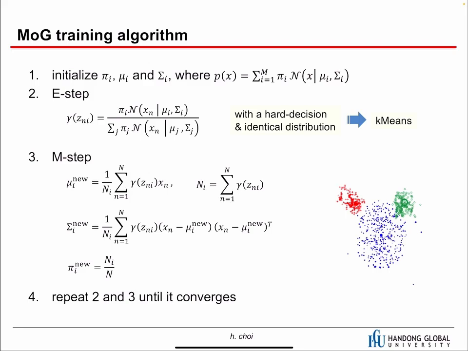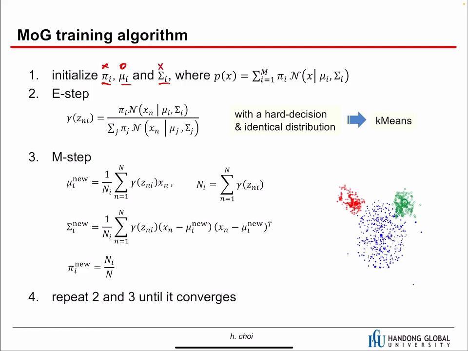So now we have all the equations for the mixture of Gaussians. Initialize pi, mu, and sigma as we did in the k-means algorithm. In the k-means algorithm, we don't have pi, we have only mu's, and we don't have covariance matrices.